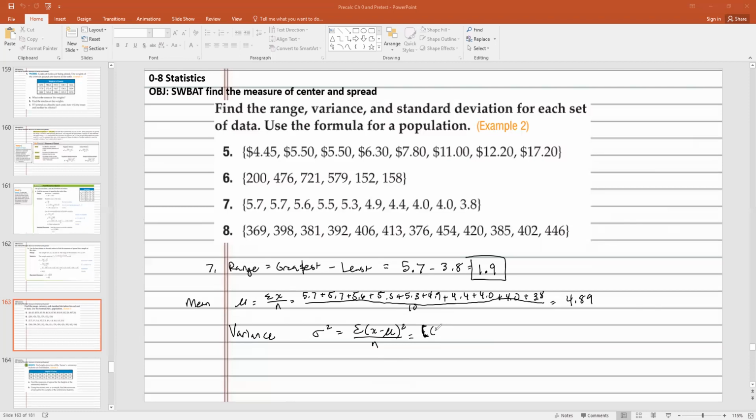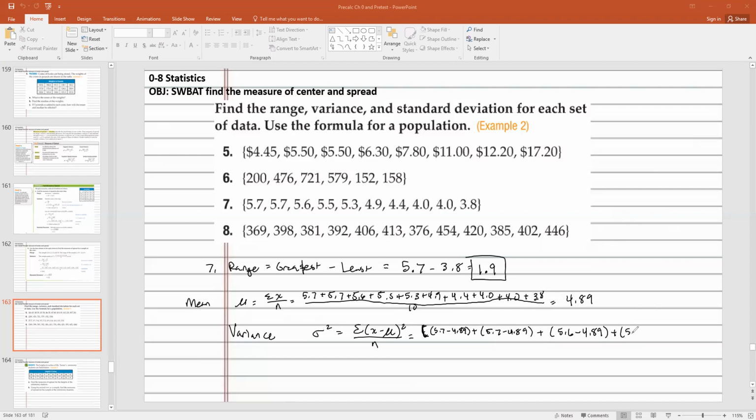Okay, and we're going to do 5.7 minus 4.89 plus 5.7 minus 4.89. I told you it was going to be long. Plus 5.6 minus 4.89. So we're subtracting 4.89 from all of those.